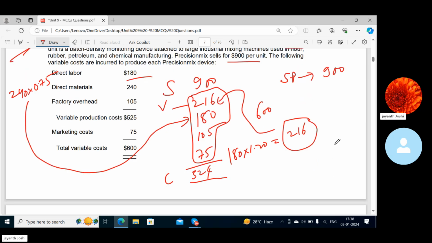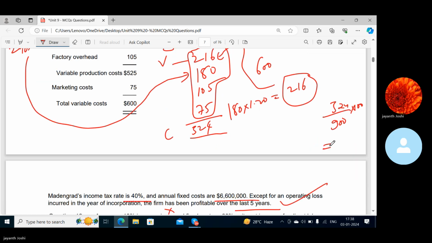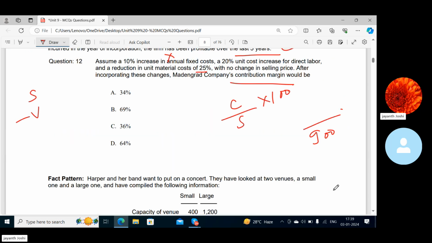So contribution is 324. Sales is 900, into 100. Can you tell me the margin? 36%. Okay.